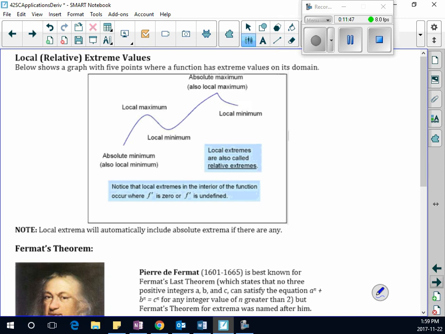The absolute max is the one in the entire graph, and the absolute min would be the lowest in the entire graph. Local is like in the neighborhood. Note local extrema will automatically include absolute if there are any.